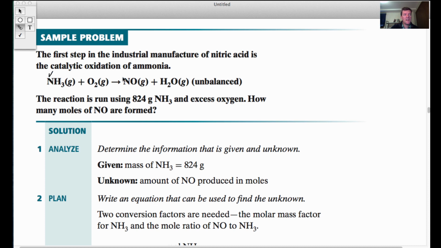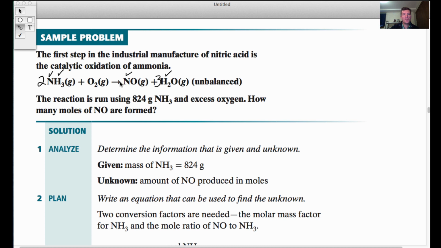We have 1 nitrogen on both sides. That's taken care of. We have 3 hydrogens on this side, and only 2 on this side. So I'm going to have to multiply this water by 3 and this hydrogen by 2. Now, of course, that's going to alter the number of oxygens and nitrogens, so I double check now. I have to go back because I just doubled the ammonia here that has nitrogen in it.